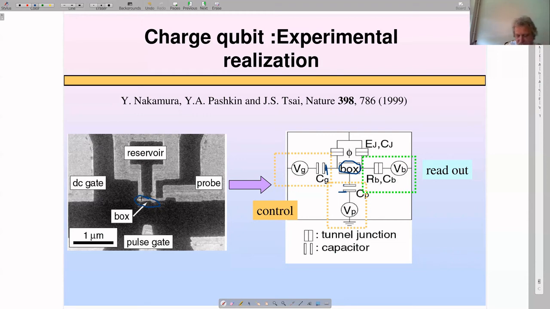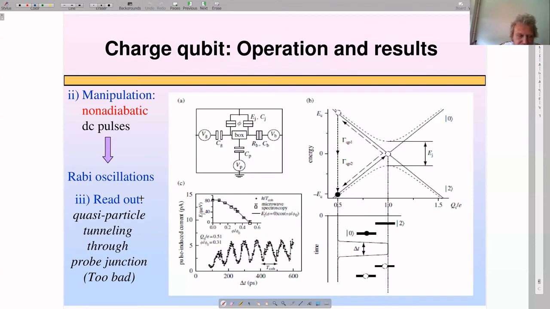The box is here. So what was the idea of this experiment? It was manipulation by DC pulses, as we discussed before, very fast ones, non-adiabatic.